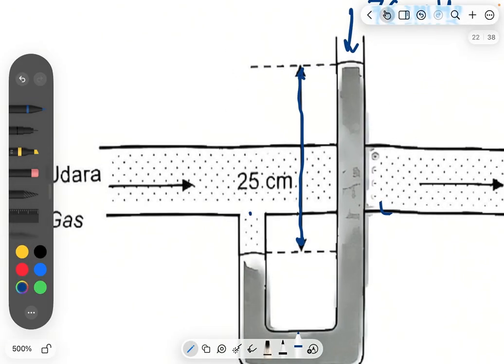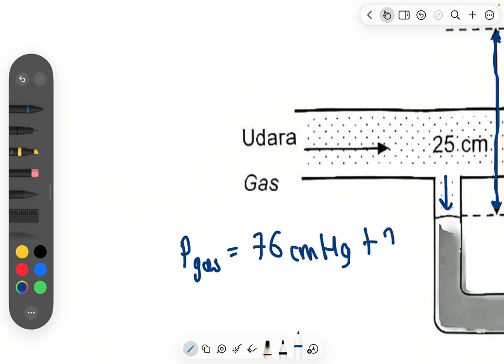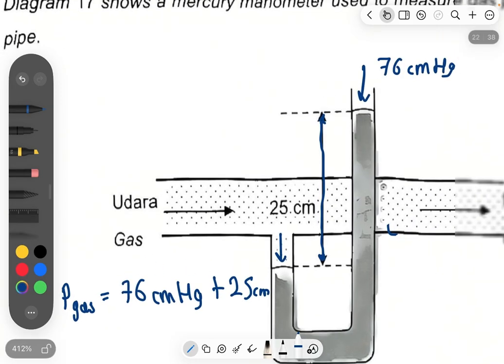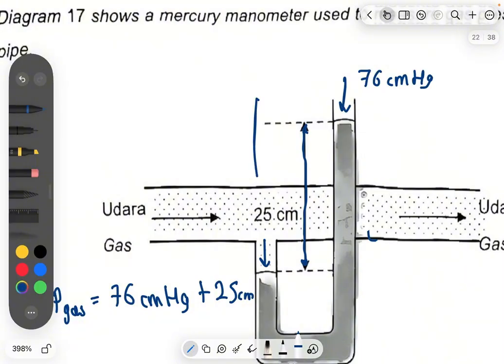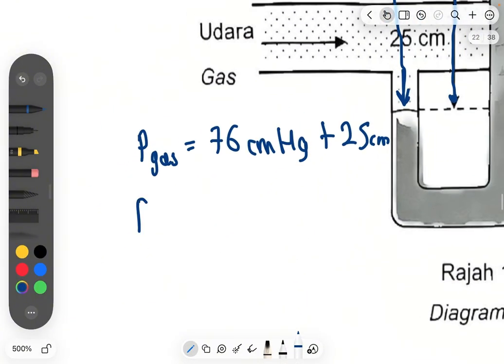Okay, so in order to find this, pressure of gas is equal to 76 cm Hg plus the height of the mercury column, because this whole thing is pushing the gas. So that's the pressure.